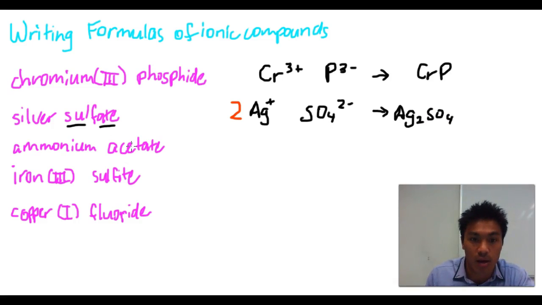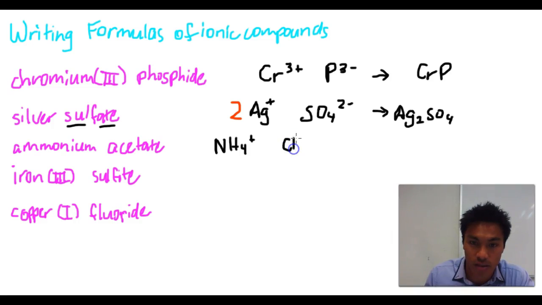Let's have a look here. Ammonium acetate. It's one of those really tricky ones because there's going to be lots of letters. There's a couple of ways to write it. Ammonium is not ambiguous. Ammonium is always going to be NH4, and it's going to be +1. The ammonium ion is positive. Now the acetate ion can be written a couple of different ways.